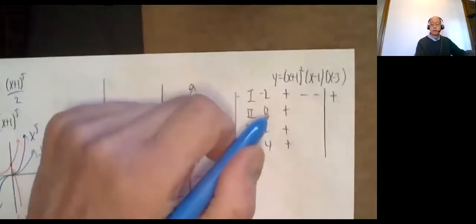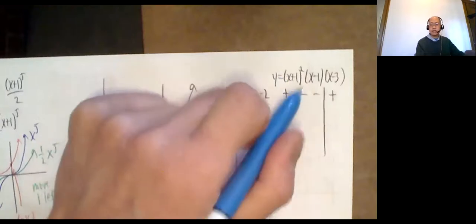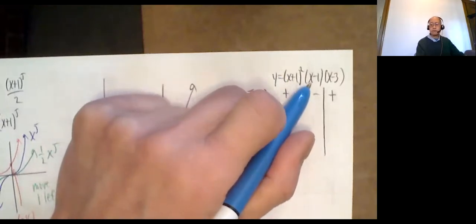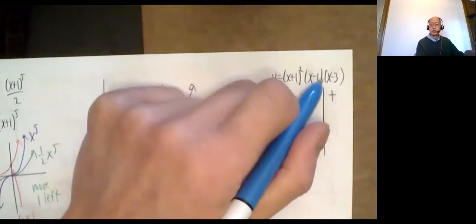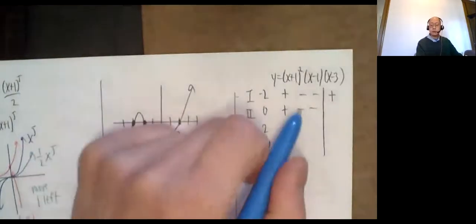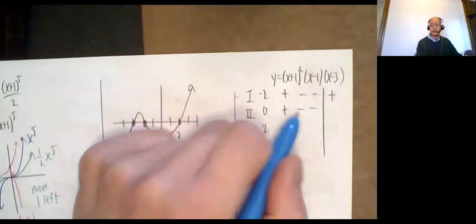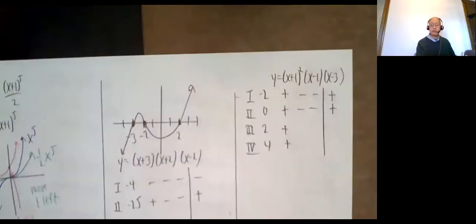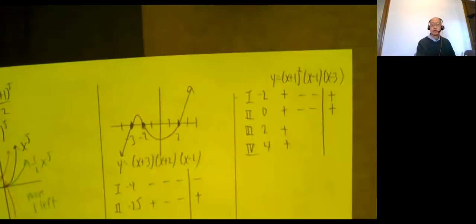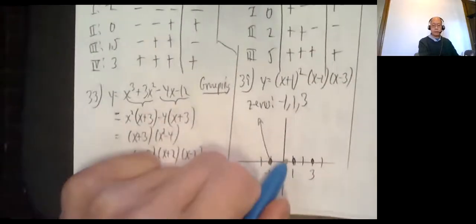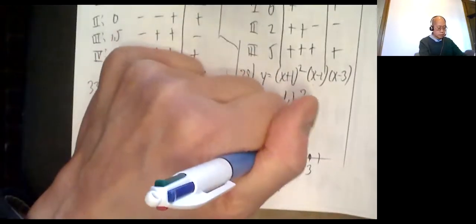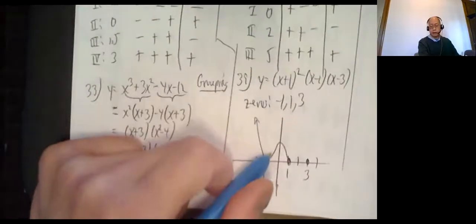Okay. 0, I know that's positive. 0 minus 1, negative. 0 minus 3, negative. So same chart as over here, right? Positive times negative, positive. So region 2 is positive. So it goes up and comes back down here. How high up? I don't know.